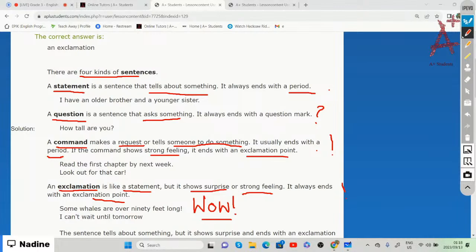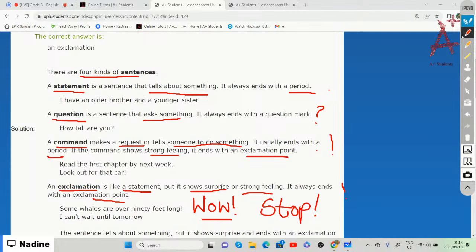If the person is about to cross, then you say, stop! So it depends also on the tone of your voice. It shows strong feeling. So stop.